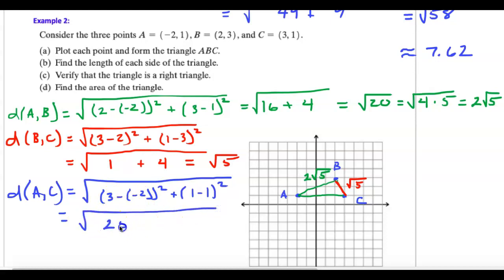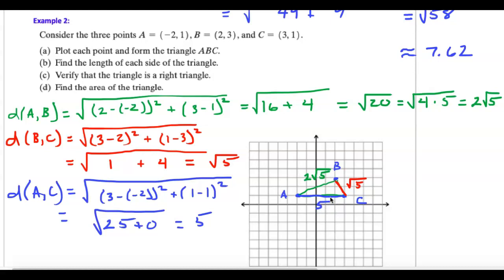So I get 25 plus 0 squared, which is just the square root of 25, which is 5. So this piece right here has a length of 5.